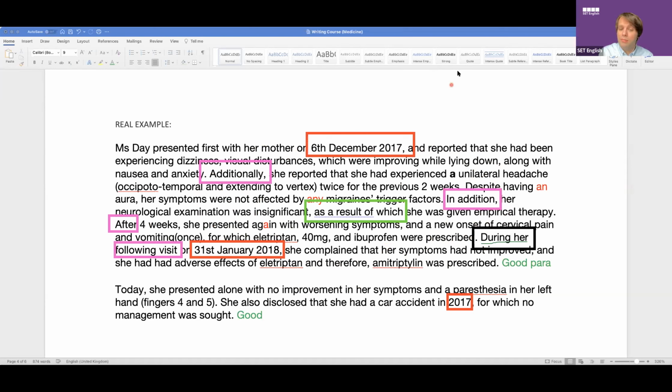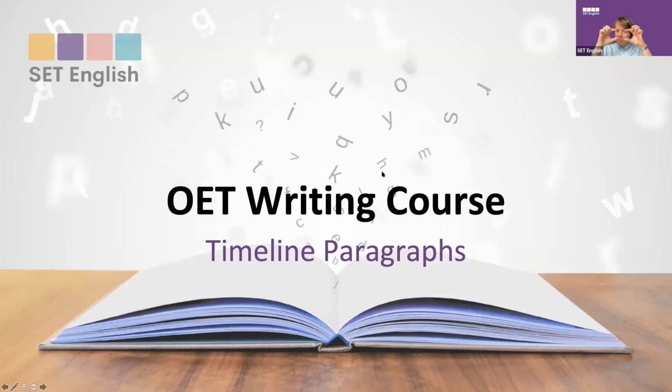It's a bit smaller. So discharge letters, not always. Usually the timeline is a bit smaller, and you have a bigger discharge plan, requests paragraph. But usually for referrals and transfers, you're going to write a big timeline. Why? Because the reader needs to know the sequence of events.